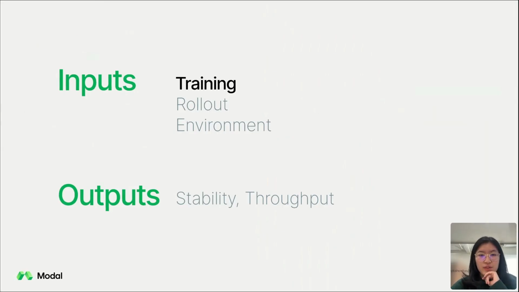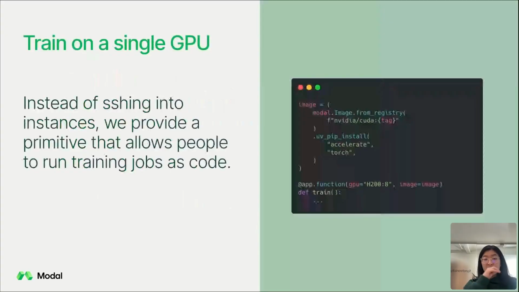Okay, so for training, what does it look like to train on a single GPU on Modal? This is a very brief code snippet, but essentially our primitive is using functions. Instead of acquiring a bunch of instances and SSHing onto them to run these training jobs, you can just invoke these jobs as functions. Here we have an image that uses a base image that allows you to do training, with some dependencies installed.